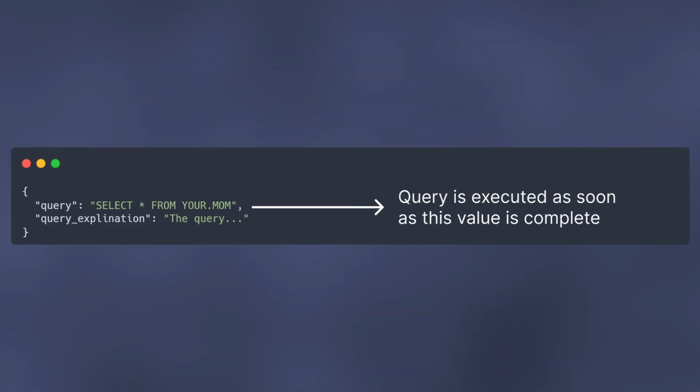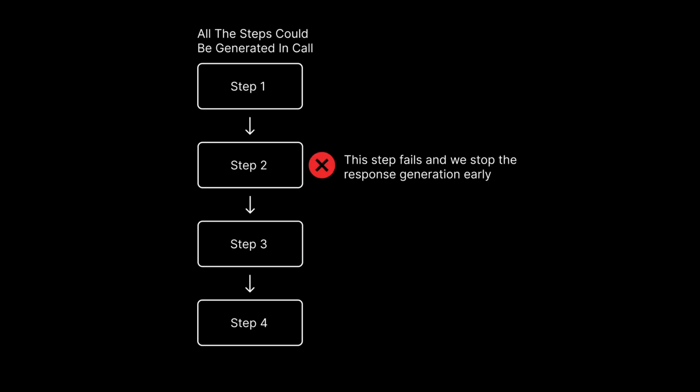For example, you could kick off a query as soon as the SQL is generated, while still streaming part of the query explanation back to the user. Another use case that streaming could allow for is some sort of early stopping if a validation check fails, so you wouldn't need to wait until the whole response has been returned to cancel and move on to the next step.